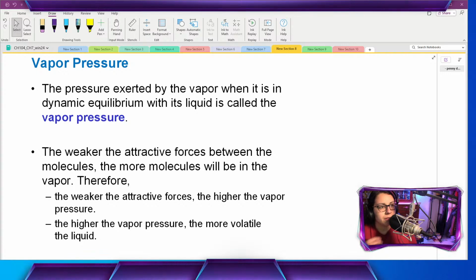Even at ambient temperature, some water molecules are escaping. And then we see, the weaker the attractive forces, the more molecules will be in the vapor. That makes sense, right? If we have something with really weak intermolecular forces, like methane, obviously it's already in the gaseous phase. But we could compare this.